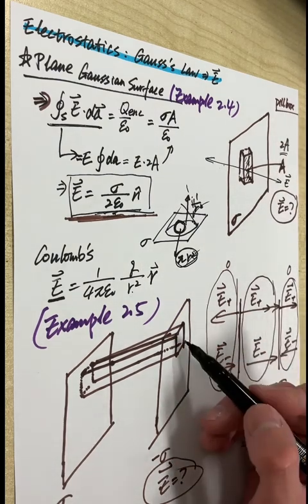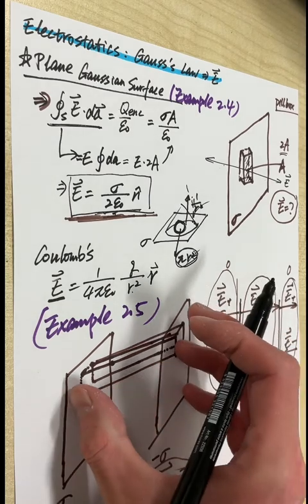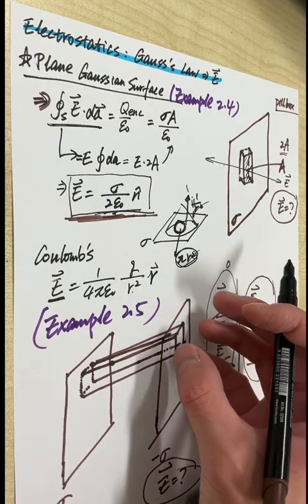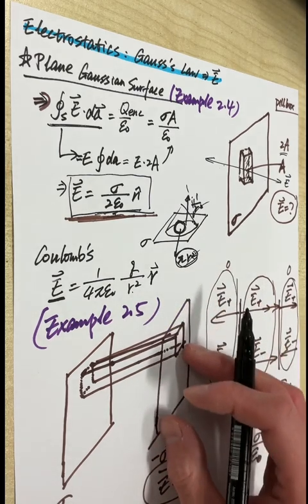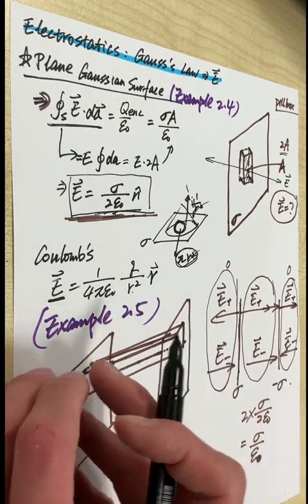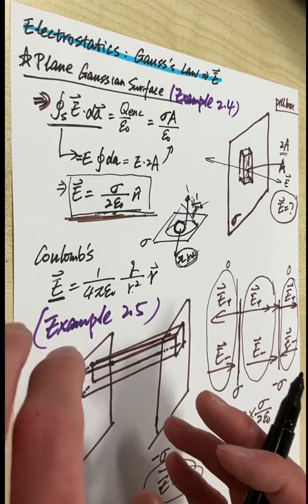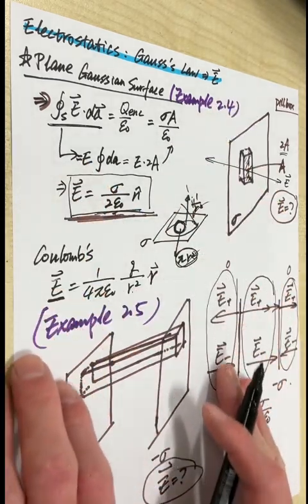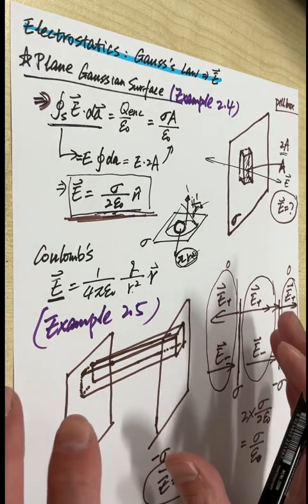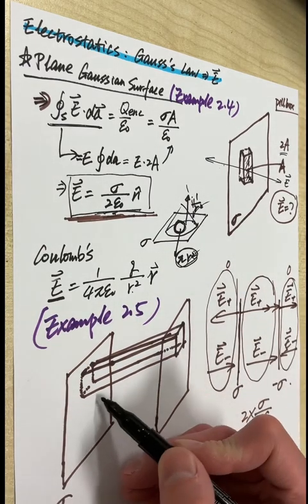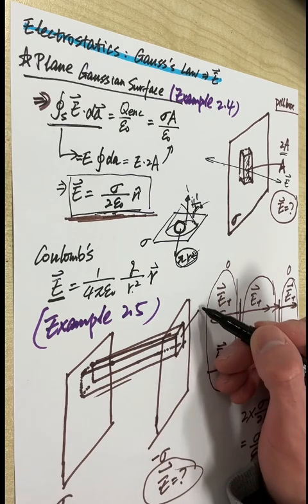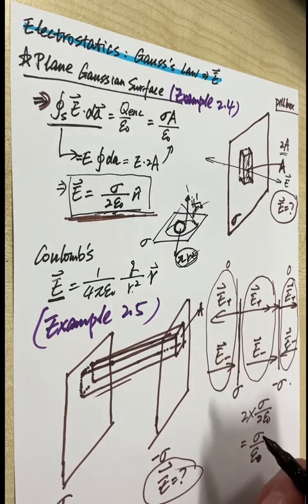So you have this pillbox that comes slightly out of this plane and comes slightly out of this plane as well, in the opposite direction. So these two planes are still considered infinite planes. The length here is considered small, and the area you observe is here.